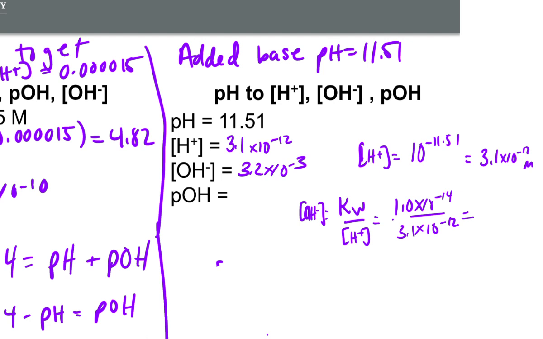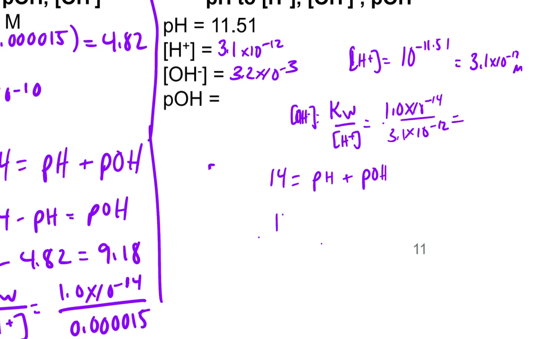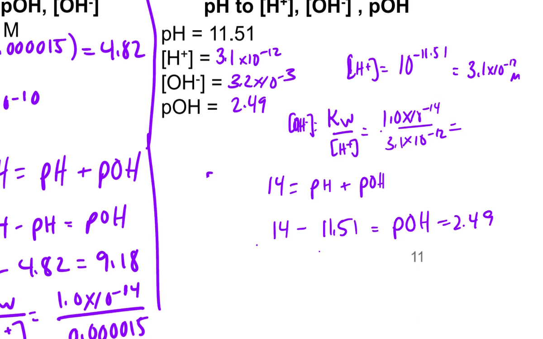Then for the pOH, I always like 14 equals pH plus pOH. It's nicer numbers to work with, so 14 minus 11.51 is equal to the pOH, and that gives us 2.49. All right.